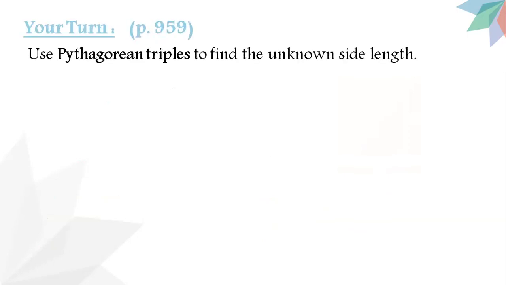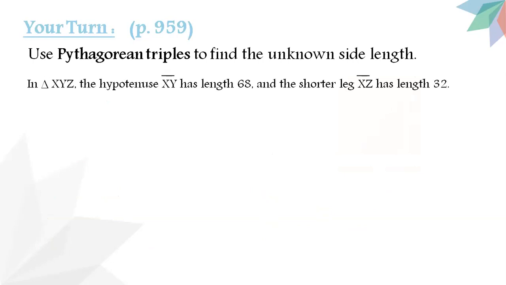Another example: use Pythagorean triples to find the unknown. Here, in triangle XYZ, the hypotenuse XY has length 68, and the shorter leg XZ is 32. So I'm going to follow the rule, leg to hypotenuse. I know the hypotenuse, which is 68, and I know the shortest leg, which is 32.